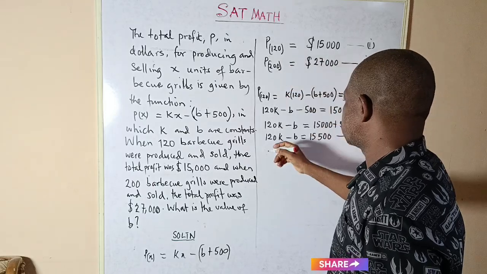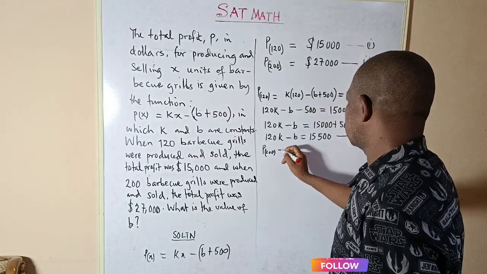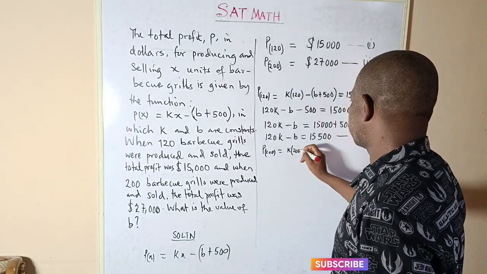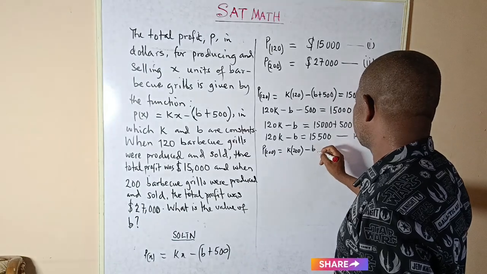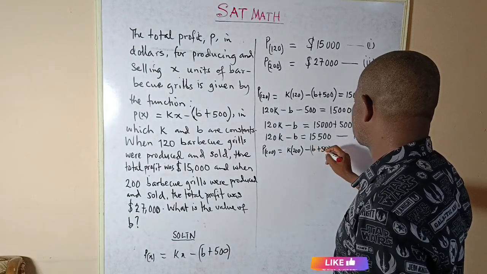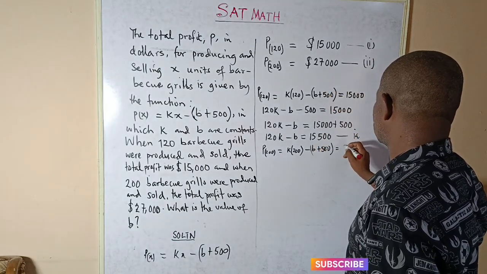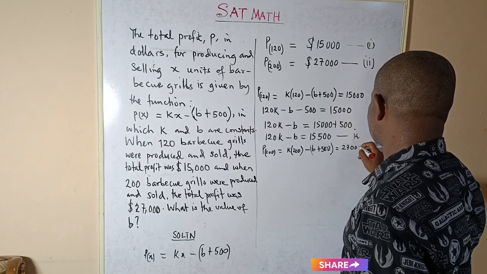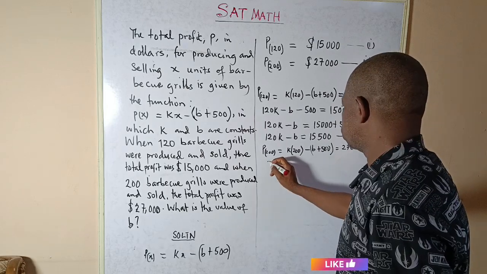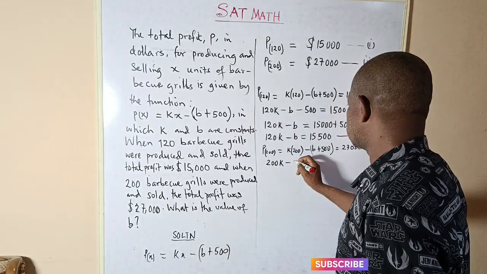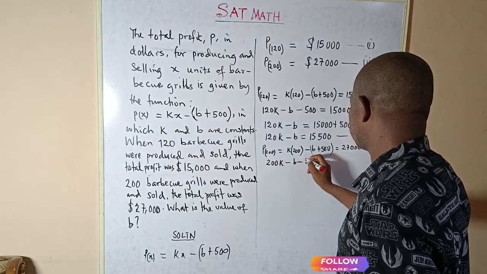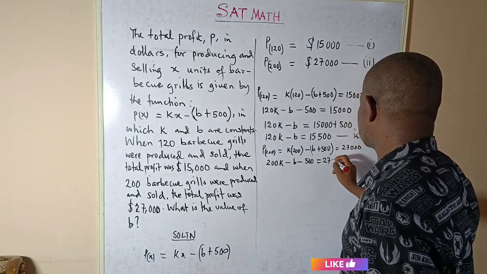For 200 units, we'll have P(200) equals K times (200 - B) plus 500 in brackets, and that is equal to $27,000. So this will be 200K minus B minus 500 equals 27,000.